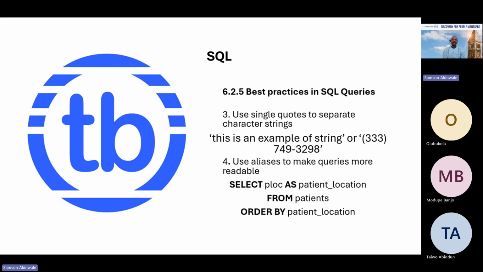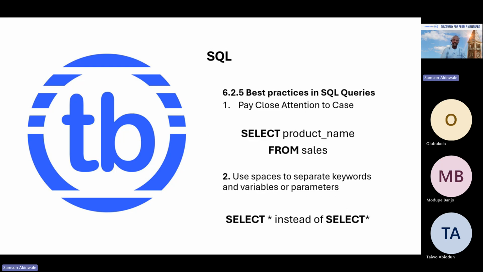So if you come across such a situation, best practice is to change that column name into something more understandable. For instance, the last one we did was the column name product name, meaning that in that column, all the names you are seeing there are product names.